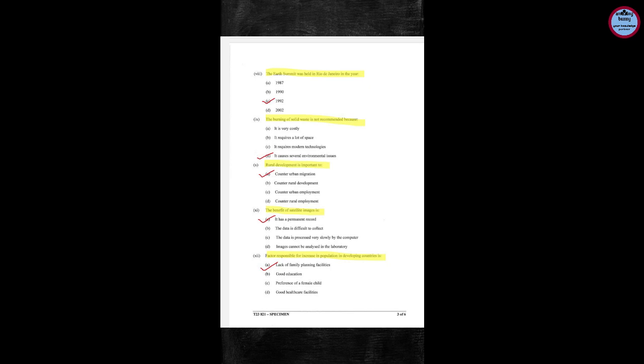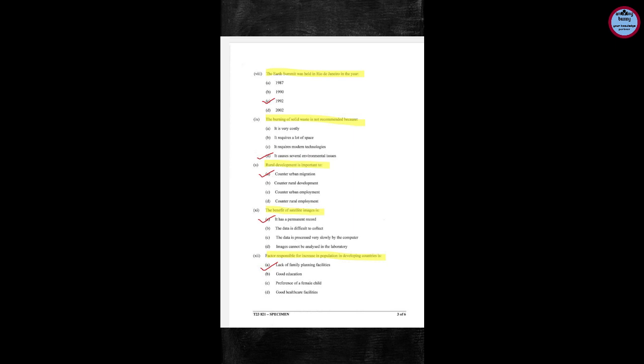Next question, the benefit of satellite images is: it has a permanent record, the data is difficult to collect, the data is processed very slowly by the computer, and images can't be analyzed in the laboratory. The correct answer is it has a permanent record.